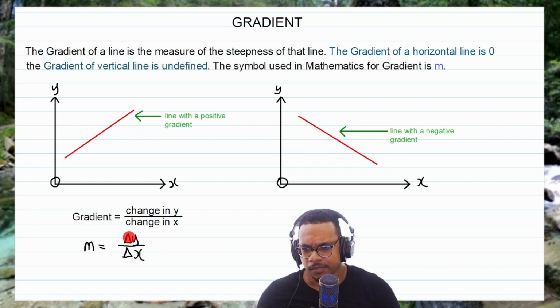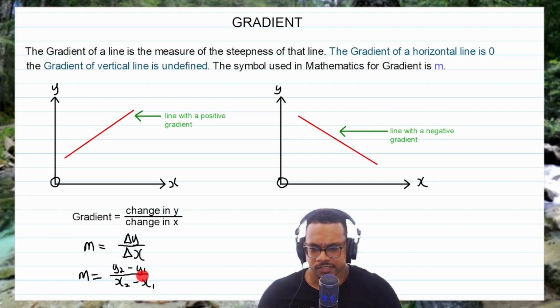So this here will be the symbol for a change in y, and this will be the symbol for a change in x. So what we can write is that gradient is equal to y2 take away y1 divided by x2 take away x1. So this here would be your formula for finding gradient.